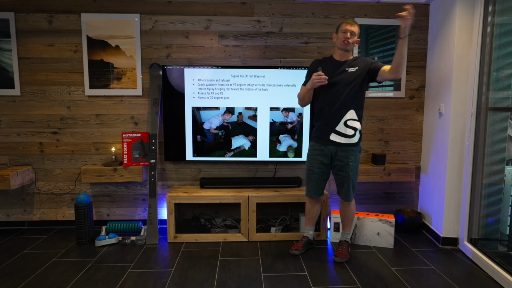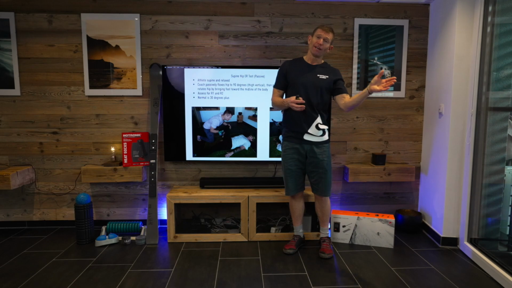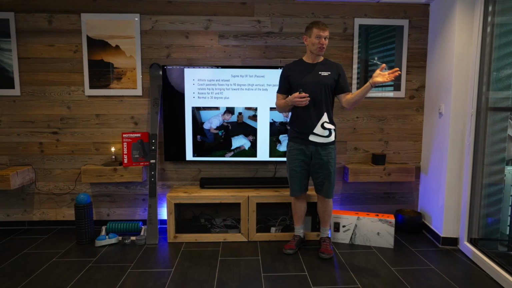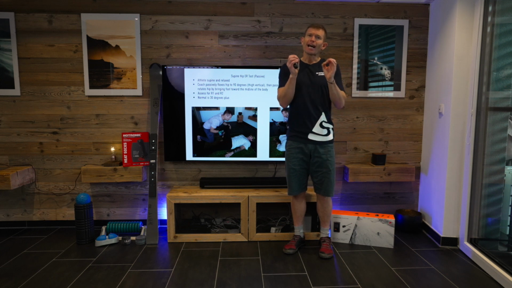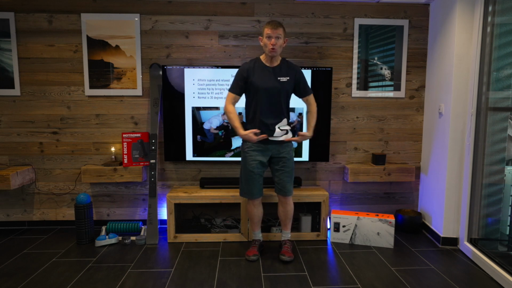So somebody I measured just yesterday had only 10 degrees of internal rotation, and there should be really about 30 plus. And I could see when we watched him on the piste doing a short turn that it was difficult for him. You know, the butt and the pelvis would move.